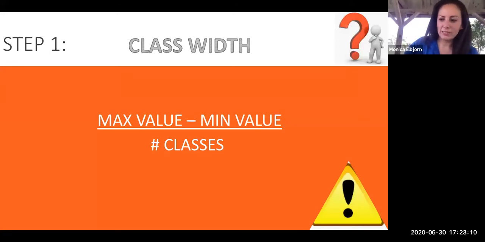How much is that? Can someone do the math? So it's 30 minus 10, that's 20, divided by the number of classes. The number of classes was given to you, which is 8. So 20 divided by 8, how much is it?